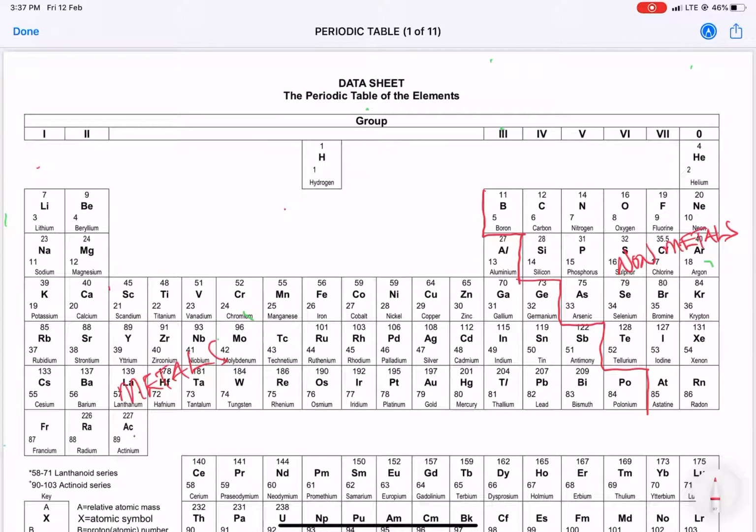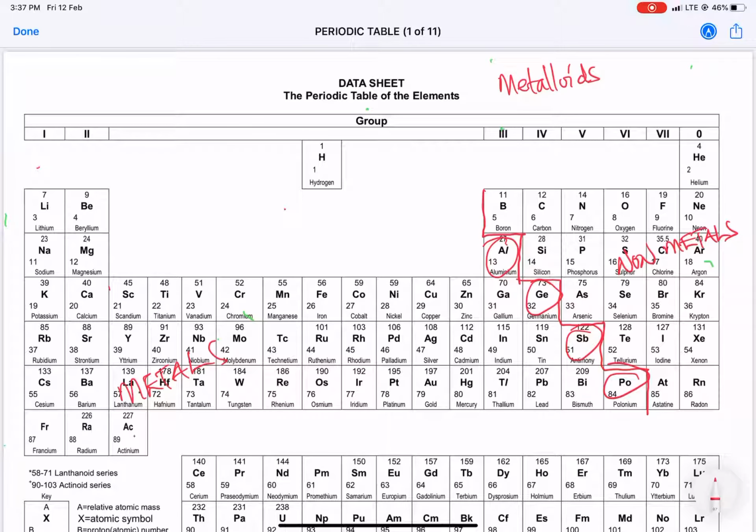Then the elements like aluminium, germanium, antimony, and polonium, we call them metalloids. They possess both characteristics of metals and non-metals.